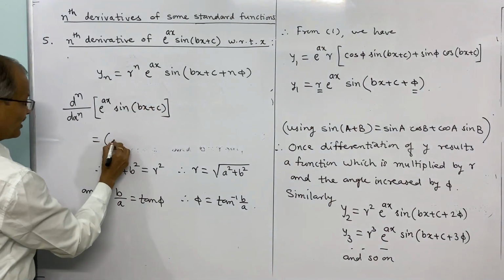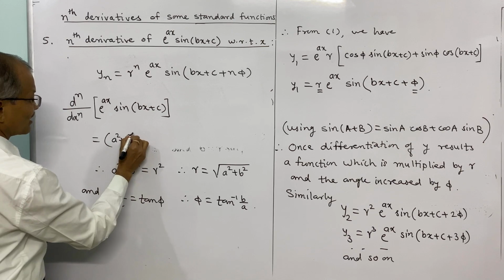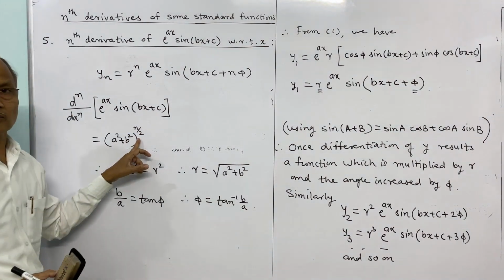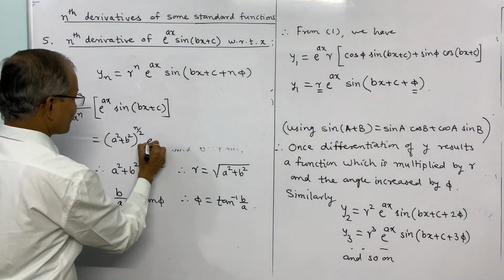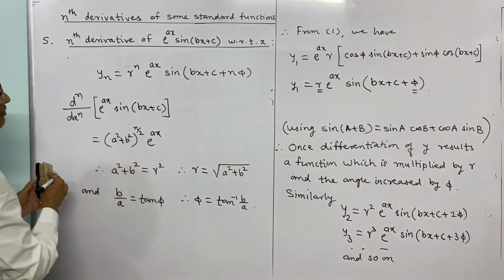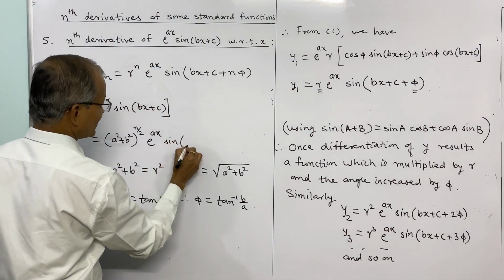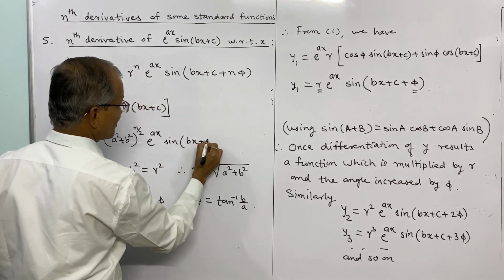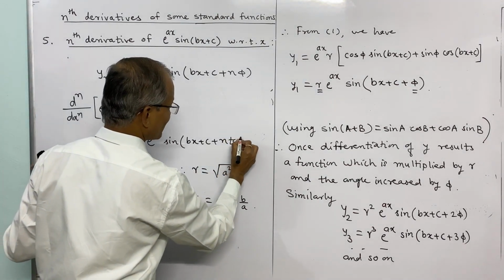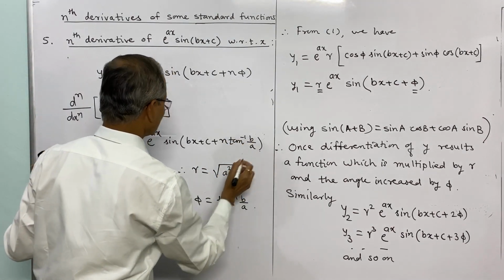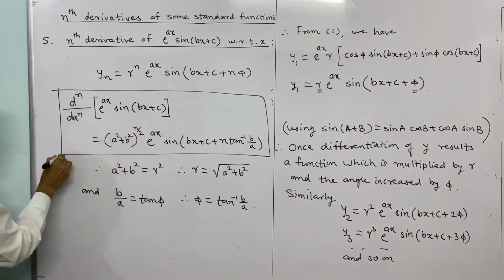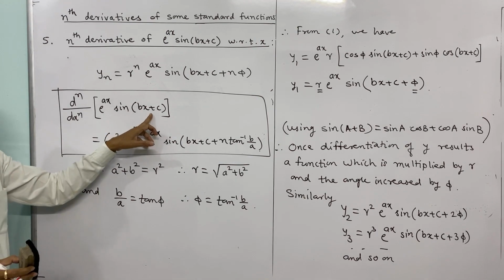So that may be written as a square plus b square raised to n by 2, since square root corresponds to the power half, times e to the power ax sin of bx plus c plus n times phi. What is phi? Phi is tan inverse of b by a, and thus this is our formula for the nth derivative of e to the power ax into sin of bx plus c.